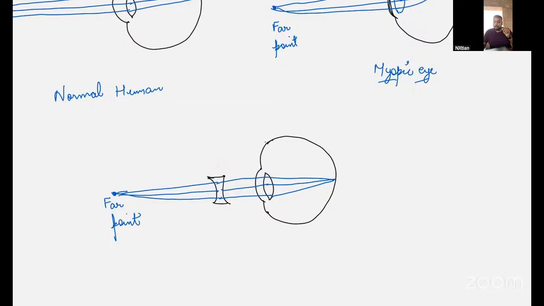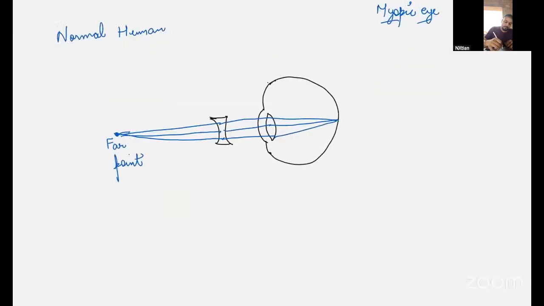Our eye is convex and we are using a concave lens to help us see better.